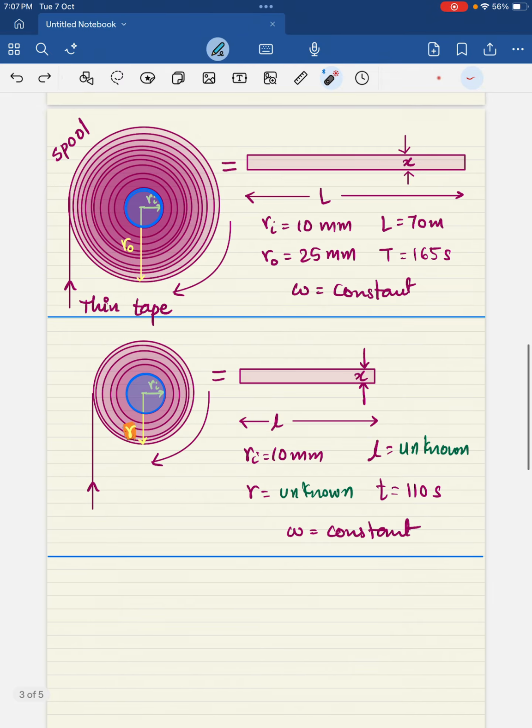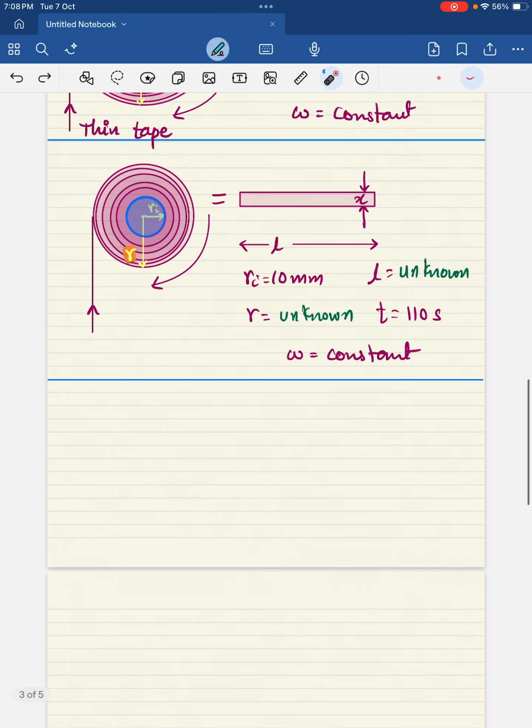And when it was done for 110 seconds, the length would have been something else, and I'll call that small l. However, the thickness would remain same. And if you compare this length and this length, the length is shorter. So it's just the spool getting opened and the entire tape is straight.